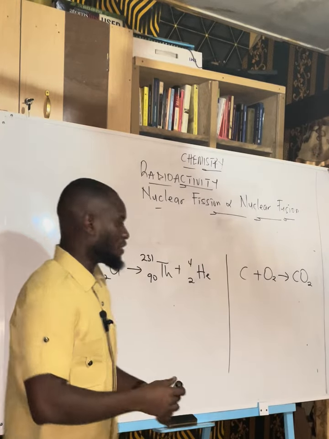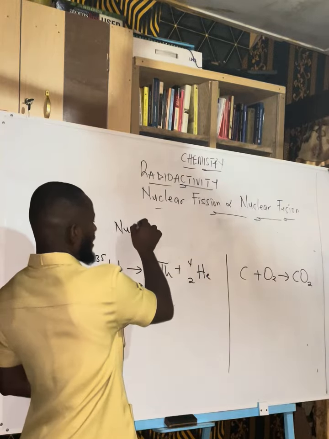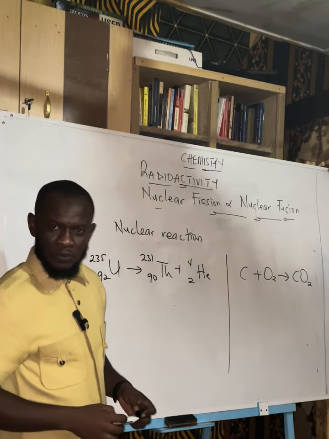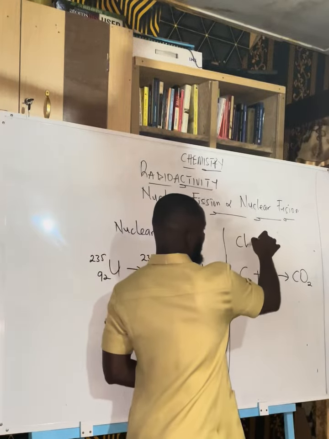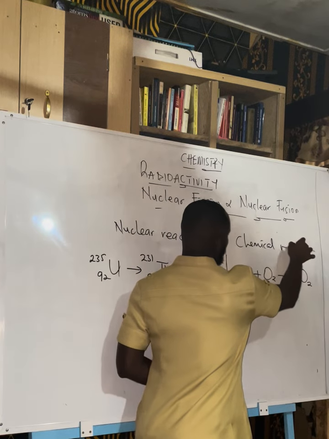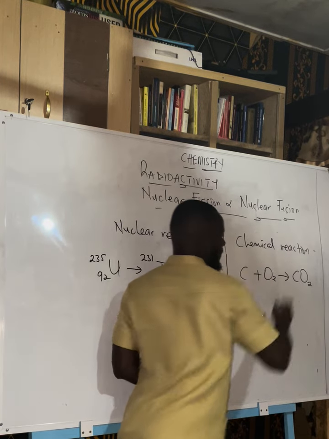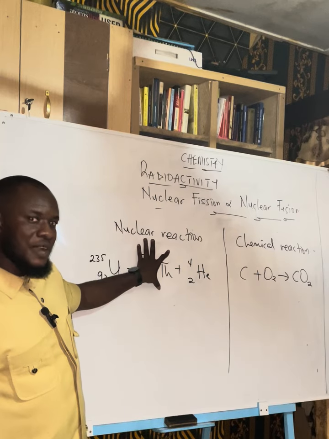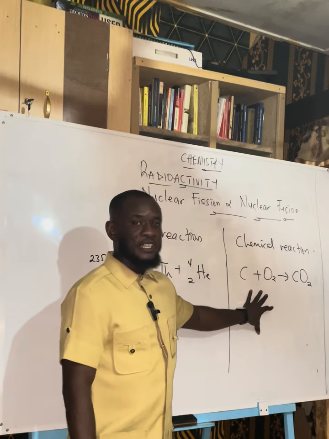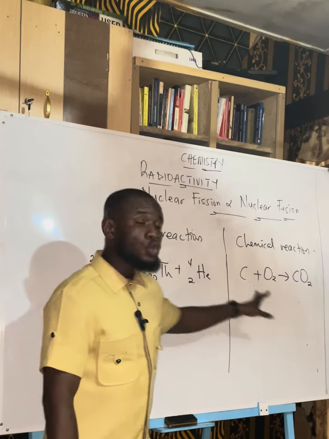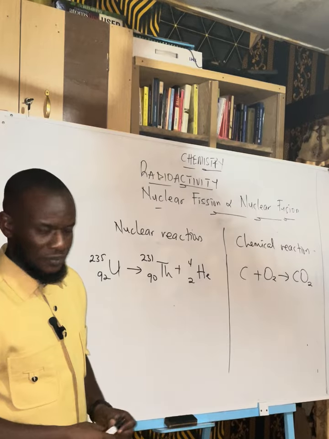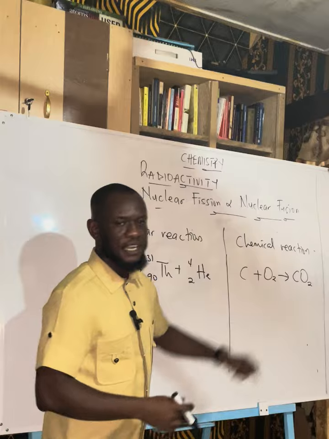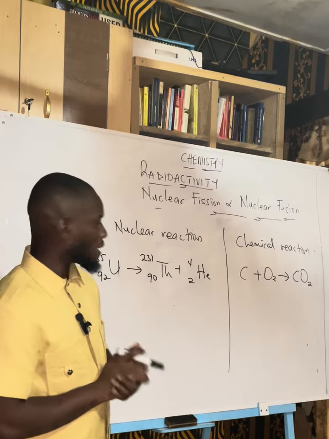In chemistry, we call this a nuclear reaction, and we call this a chemical reaction. So there are two main differences. This is how we write a nuclear reaction, and this is how we write a chemical reaction. Now with these two, what is the difference between the nuclear reaction and the chemical reaction?